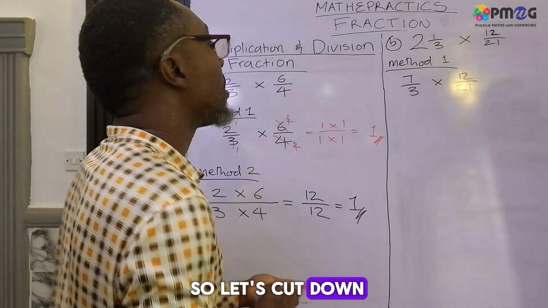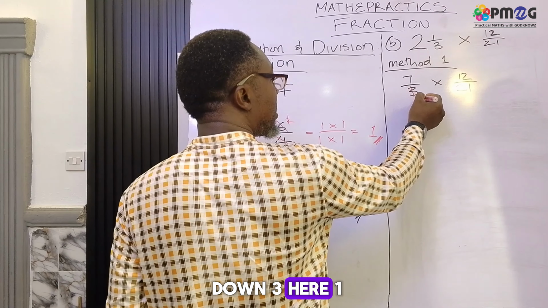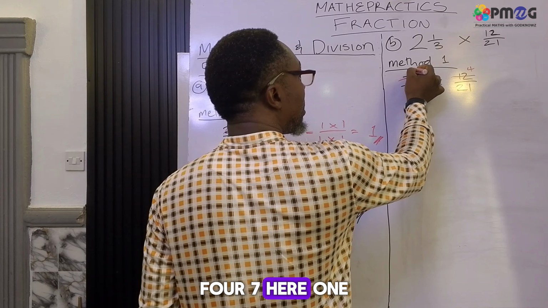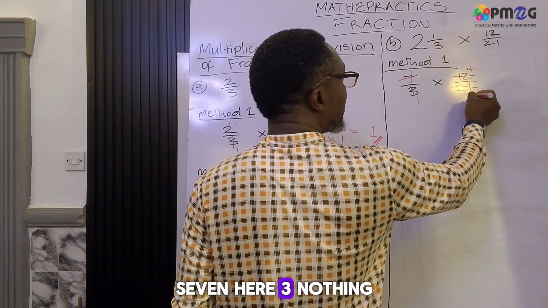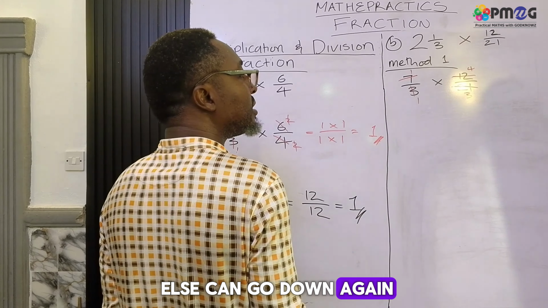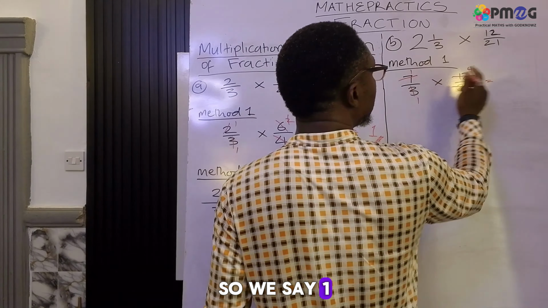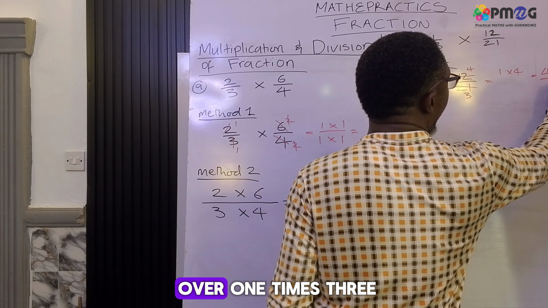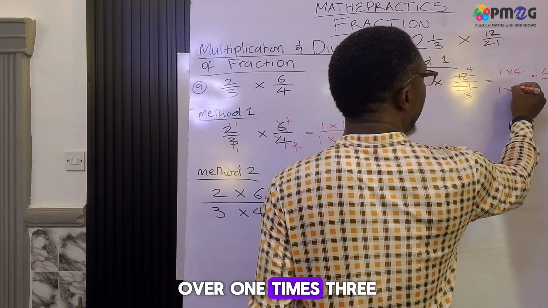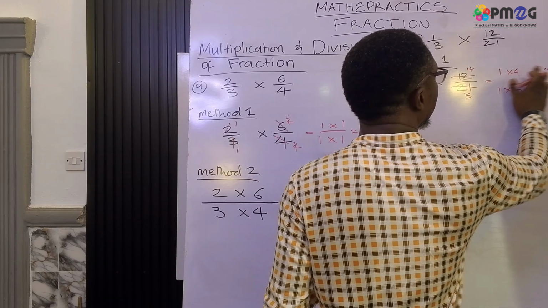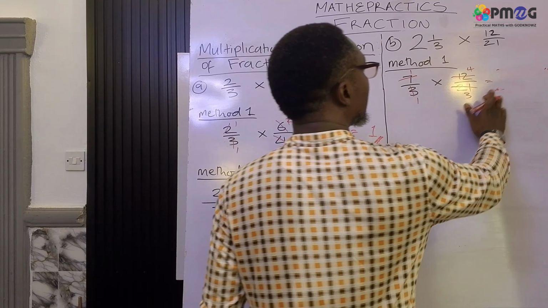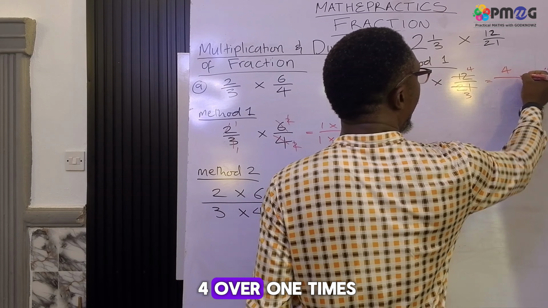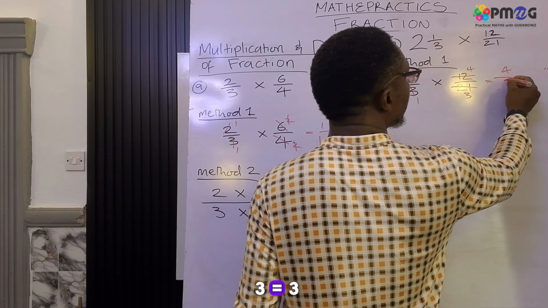So let's cut down. How do we cut down? 3 here, 1. 3 here, 4. 7 here, 1. 7 here, 3. Nothing else can go down again. So we say 1 times 4 equals 4 over 1 times 3 equals 3.